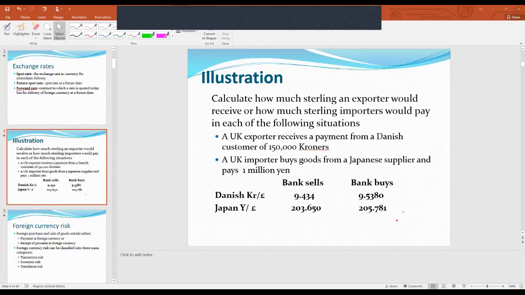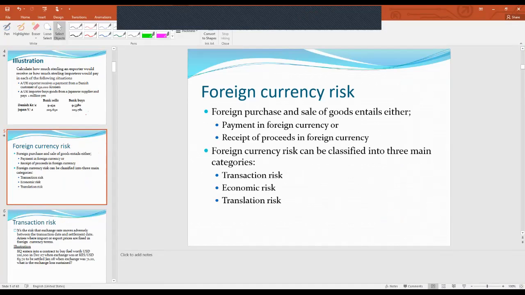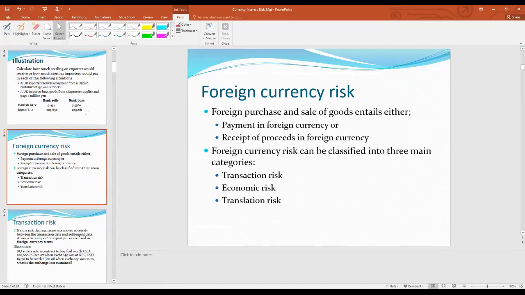No question. Great. Now, when it comes to foreign currency risk, there are three types of risks that you can be exposed to. Don't forget, exposure to the risk is a case where you have a transaction in a foreign currency, either receiving or paying.